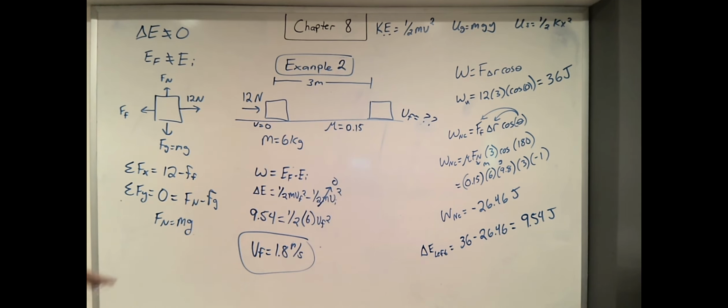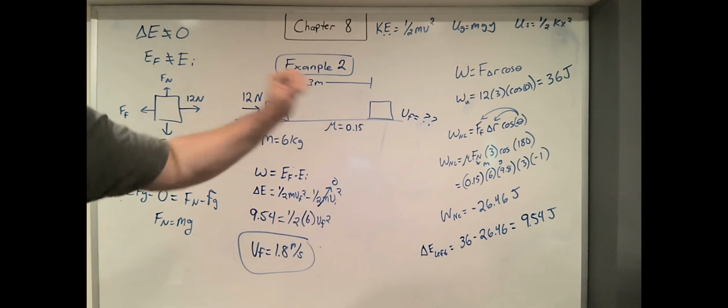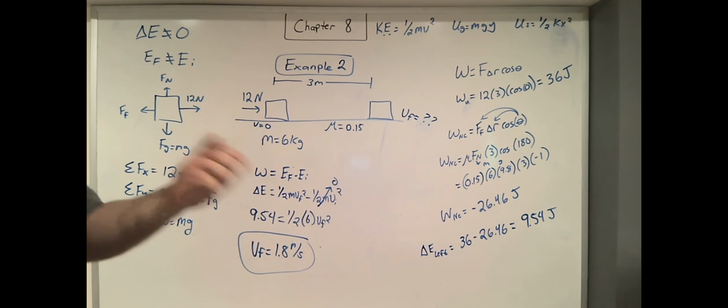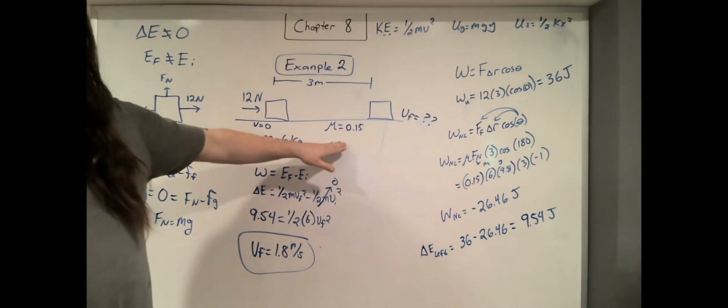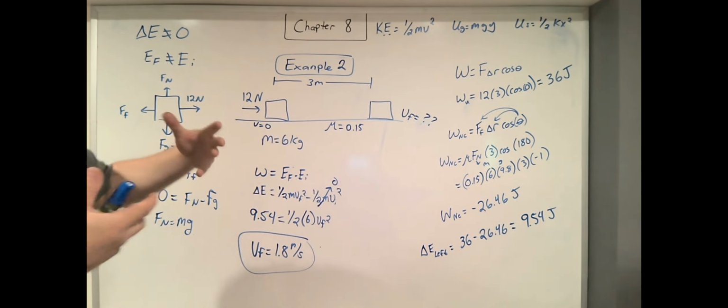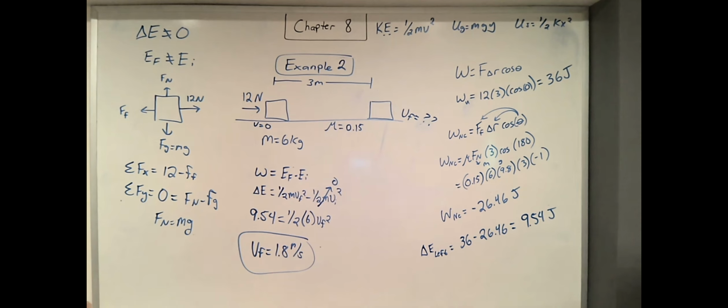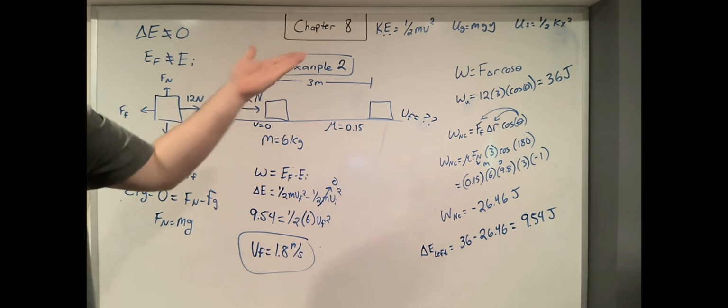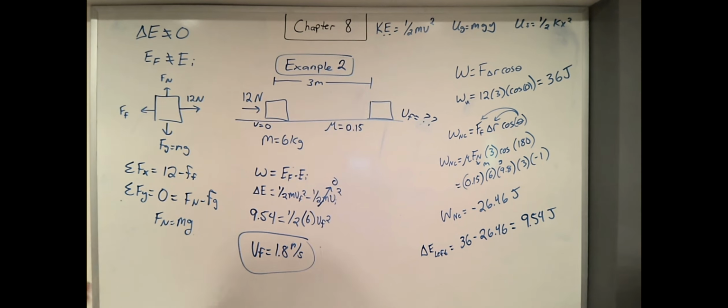What I like to do is look at the amount of work. Look at the energy that you put into the system and how much of it you lost to these non-conservative forces. That will give you a leftover amount. That leftover amount has to account for whatever the energy changed to. Okay, it gives you the leftover change of energy.